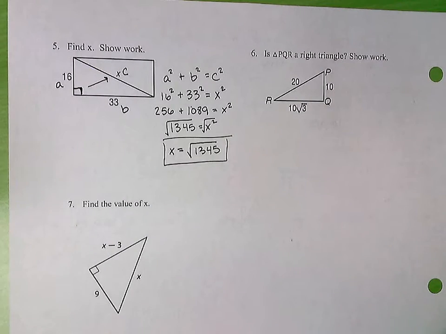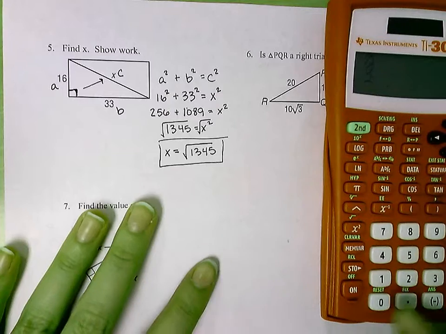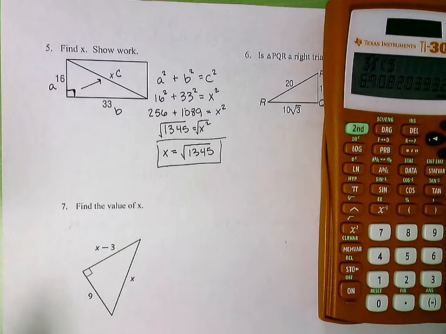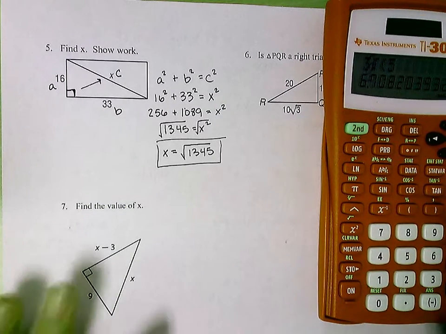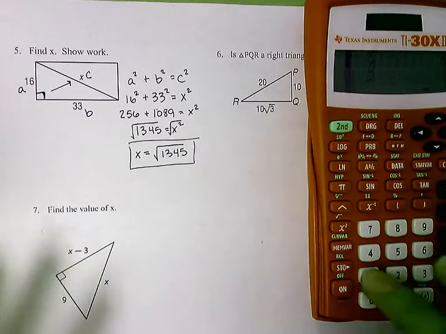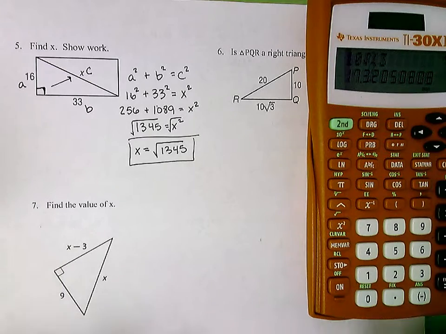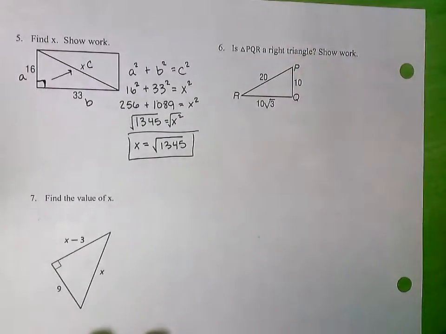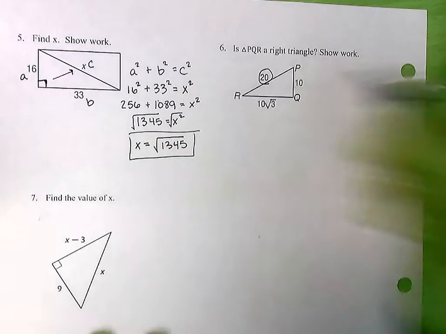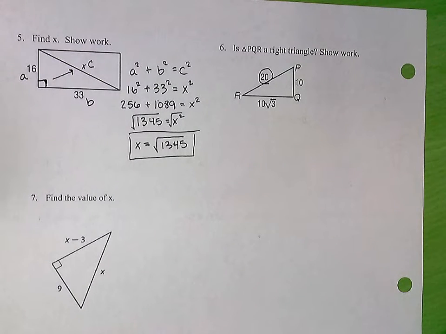So I'm going to plug that into my calculator just to make sure. Even though it looks like 20 is the longest side, don't assume that. Okay, so if I have 10 and then square root of 3, okay, that's only 17.3. So 20 is the longest side, so that's going to be your C value.